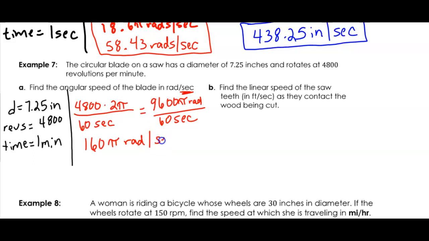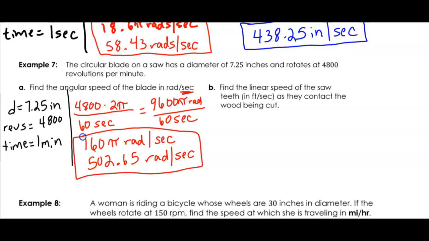So that would be in radians per second. And then if you go ahead and multiply pi out, you end up getting 502.65, and we'll just go 2 decimal places. Again, radians per second. Okay, so those are both the answers if you leave pi in or if you multiply pi out.